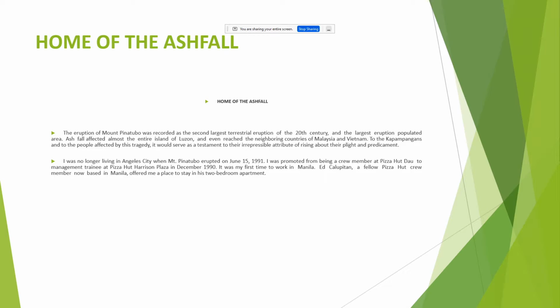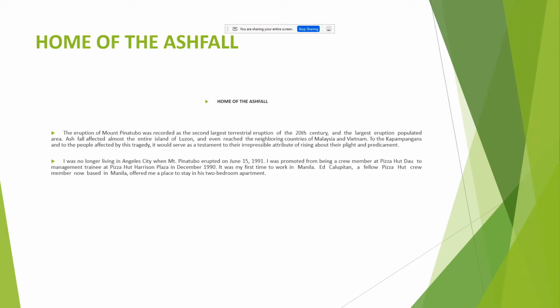Home of the Ashfall. The eruption of Mount Pinatubo was recorded as the second largest terrestrial eruption of the 20th century, and the largest eruption in a populated area. Ashfall affected almost the entire island of Luzon and even reached the neighboring countries of Malaysia and Vietnam.